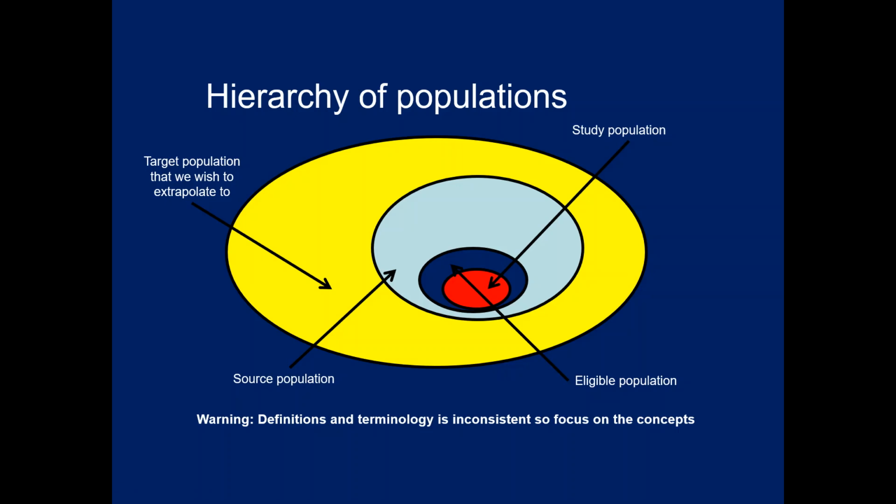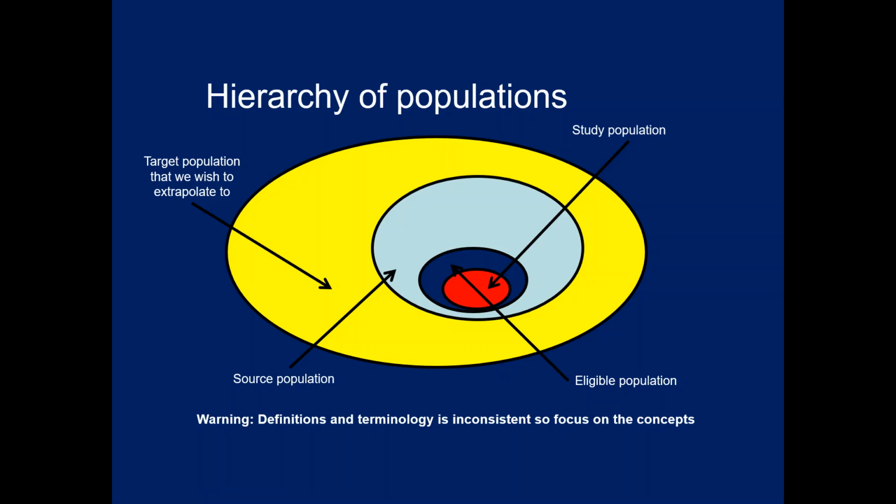Then our eligible population are dairy farms on the North Island, and we may even put other criteria, which is they have to have at least 100 animals. From our eligible population, we're not going to necessarily select everyone, so we're going to have a study population that we invite to participate, and we could potentially drill down even further and have our study participants, because not everyone agrees to participate.